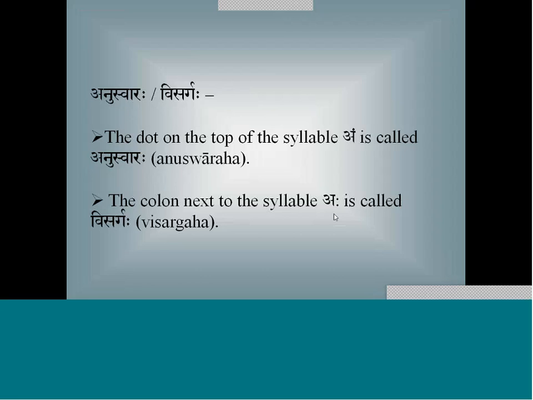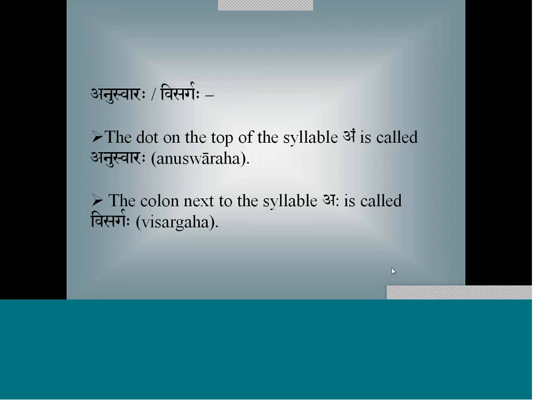And if it is r, then it becomes rih. If it is e, it becomes ehe. If the visarga follows the letter e, then it is ehe. If it is ai, Ramaihi, Lakshmanaihi. That is how ai is.